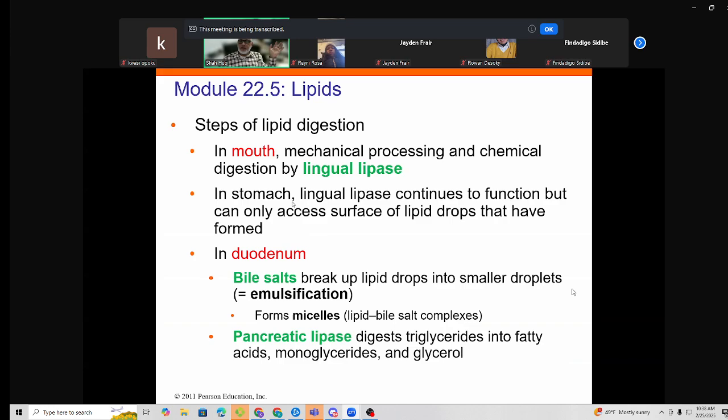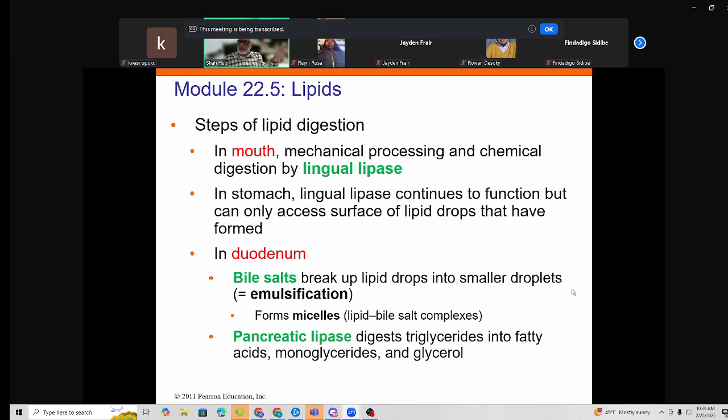Lipid is the one which starts being digested in the mouth with the help of lipase. This is called lingual lipase, meaning it is coming from the mouth, from the saliva. In the stomach, the lingual lipase continues to function, but only on the excess surface of the lipid that has formed.